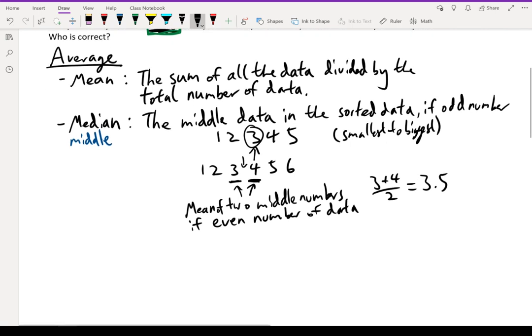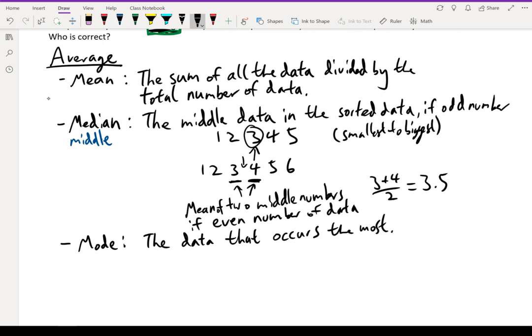And then we have one more type of average called the mode. Okay, this one is also not very commonly used, but some people do like to use it depending on some situations as well. Okay, so the mode is the data that occurs the most.